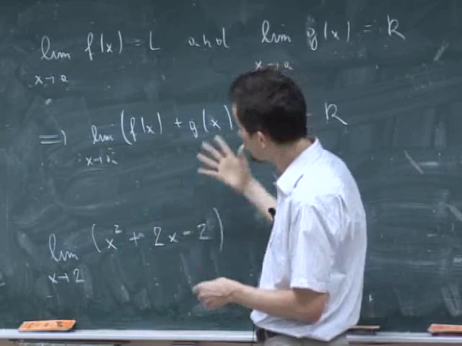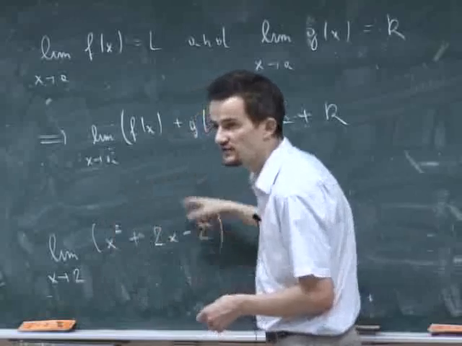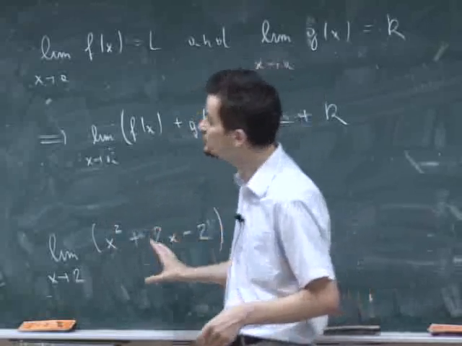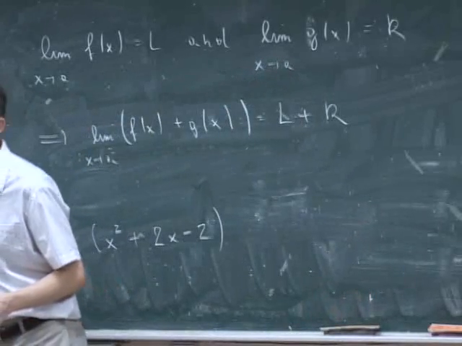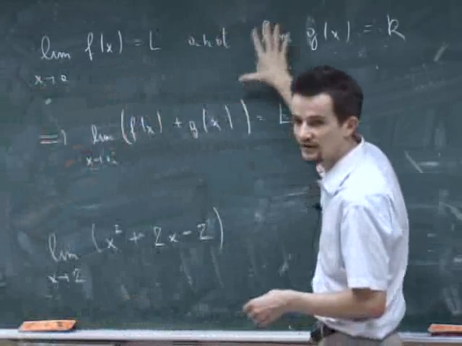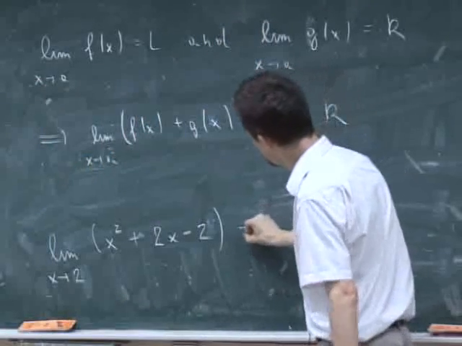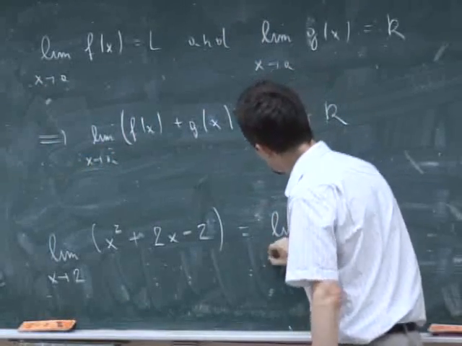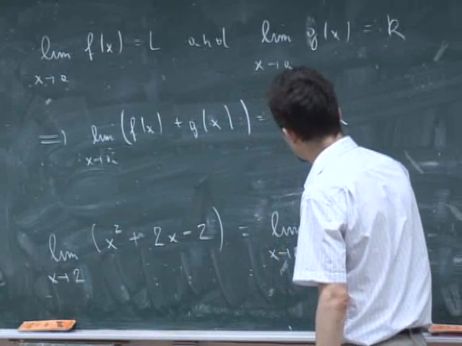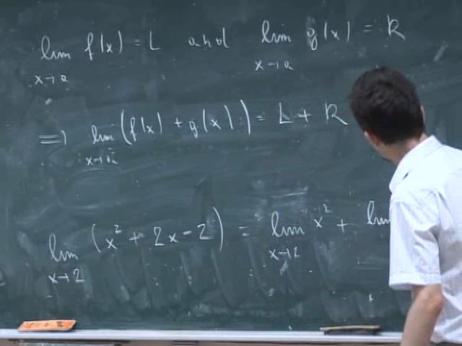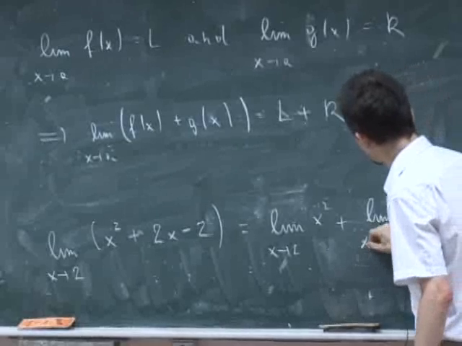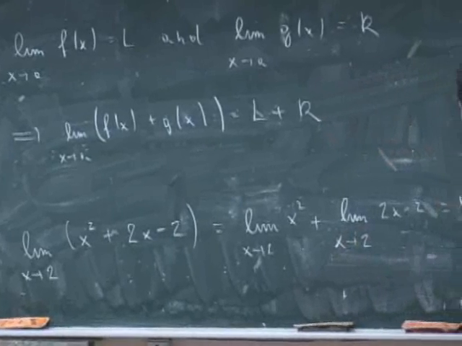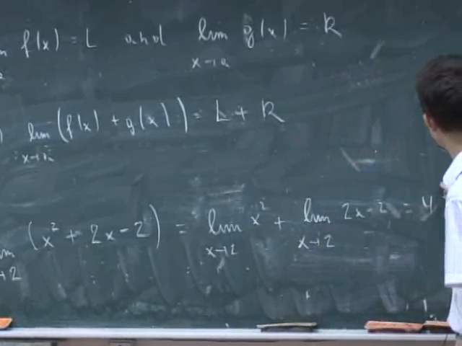And now for this new function here, the sum of the two functions, you do not have to use the definition once more. You just apply this here. And you see that this will be equal to the limit as x tends to 2 of x squared plus the limit of 2x minus 2 as x tends to 2, which is equal to 4 plus 2, so 6.